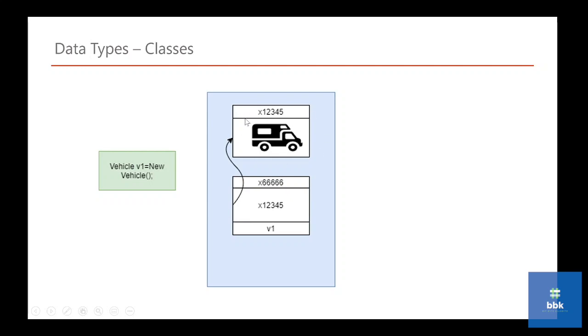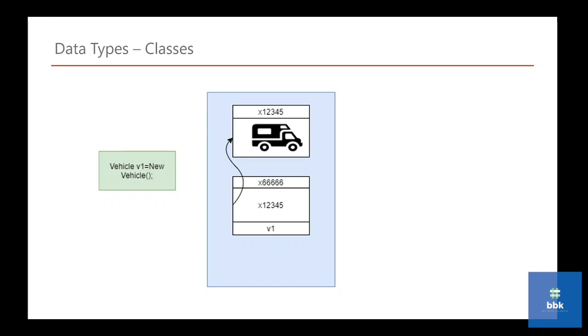And since it's a reference type variable, it stored the reference of that memory location into another memory location and called it v1. So v1 gets created here. It stores a reference of the memory location from where your vehicle is actually stored.